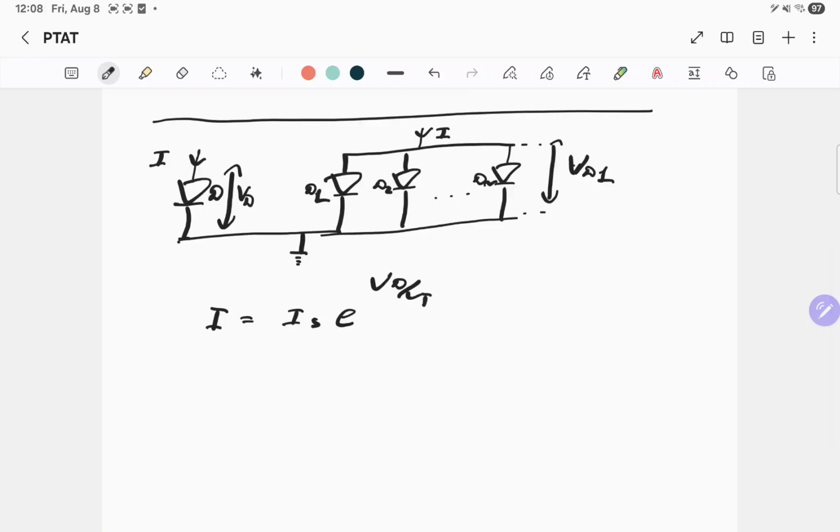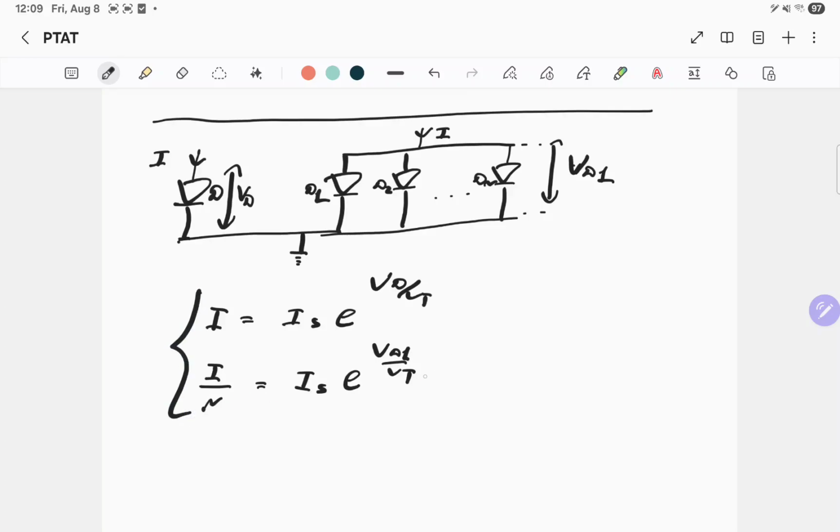and the current on the D1 diode would be I over N, since these are the same diodes, and the full current that flows into all these diodes is I, then each will see I over N. So I over N would be equal to Is times exponent, and the voltage we denote as Vd1.